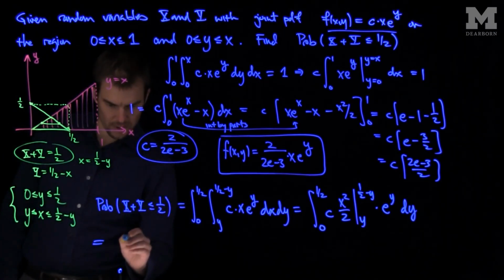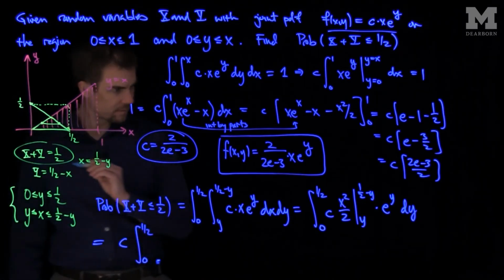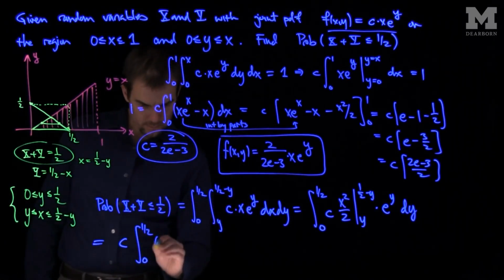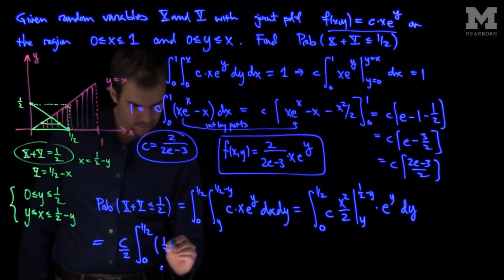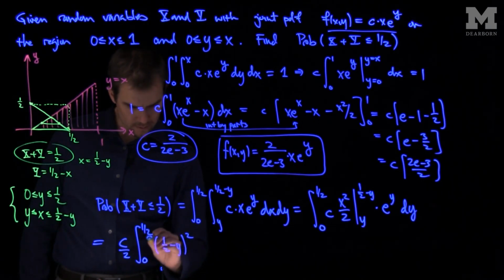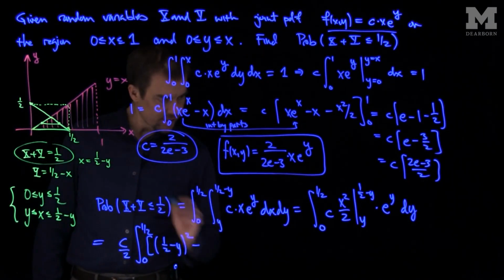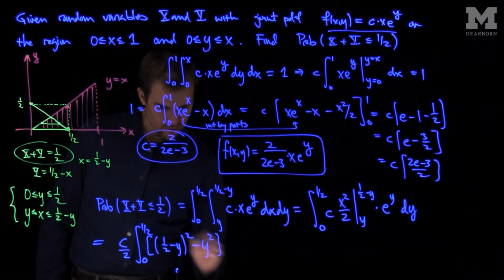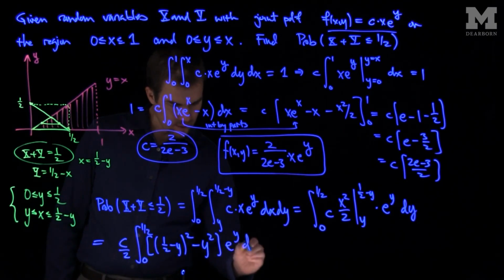And so this is just going to be c over 2 times the integral from 0 to 1/2 of 1/2 minus y squared. That's our first limit. And then minus y squared, that's our bottom limit over there. And then we'll have an e to the y dy.